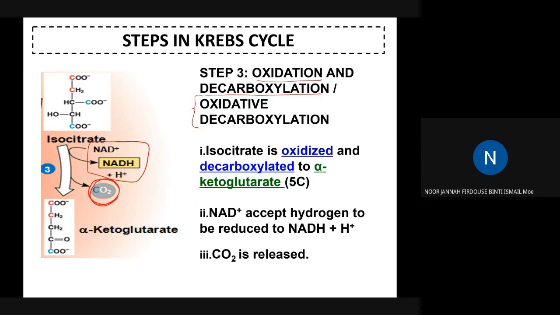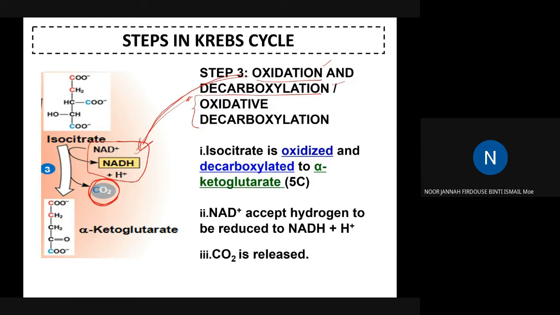These are two different things. Oxidative decarboxylation means to show that decarboxylation occurs with the presence of oxygen, because this is aerobic. Whereas above we use oxidation and decarboxylation because oxidation refers to this process. Although they look like the same thing, the purpose here is for NAD+. The other one is oxidative because this is an aerobic respiration. So during this process, isocitrate is oxidized.